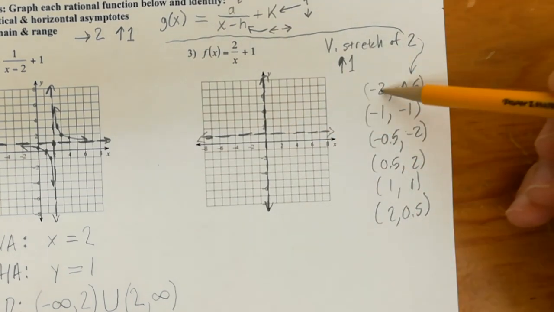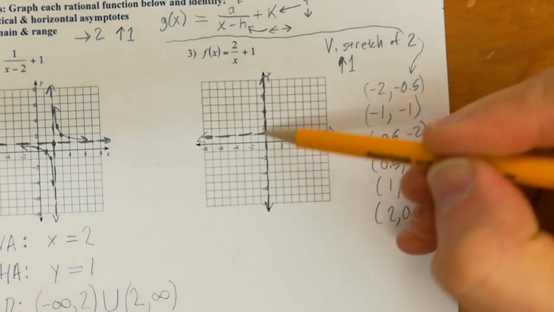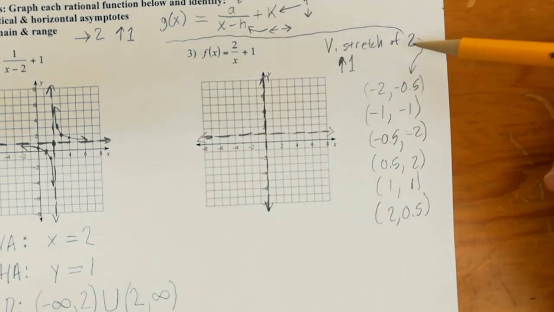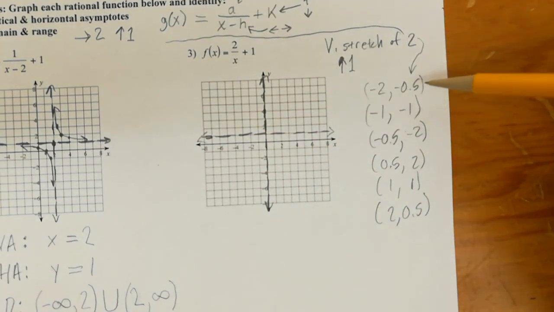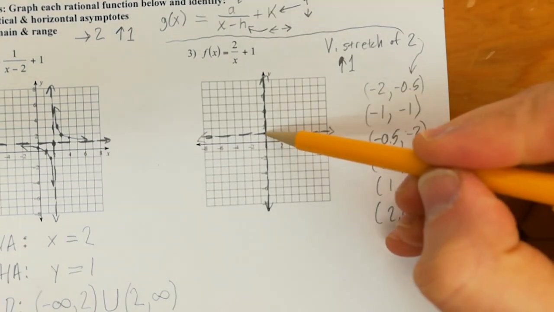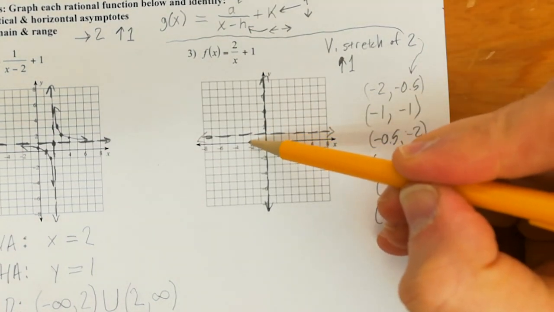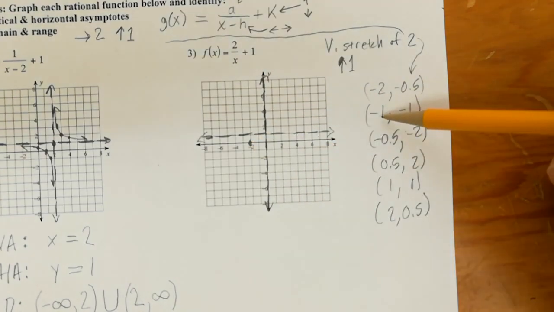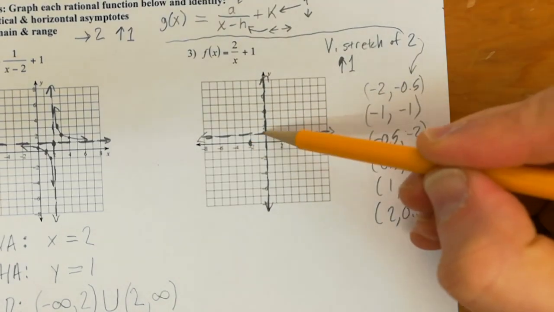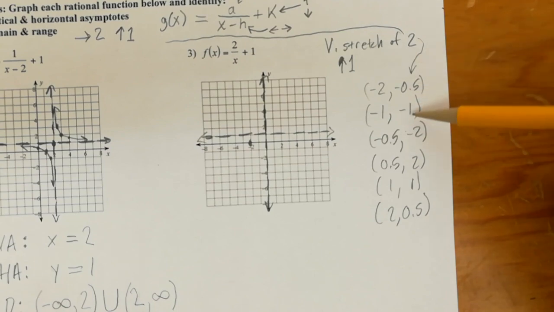Okay, so this tells me left 2, down a half, but now I need to multiply that by 2, which would be a negative 1, right? So I'm going to go left 2, down 1, and then left 1, down 2.